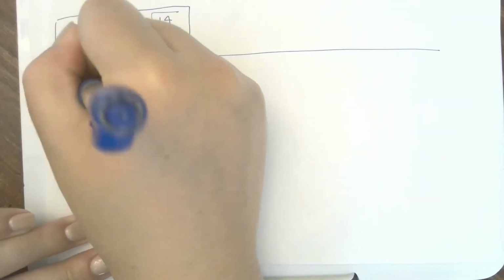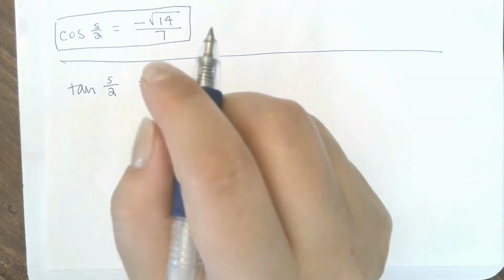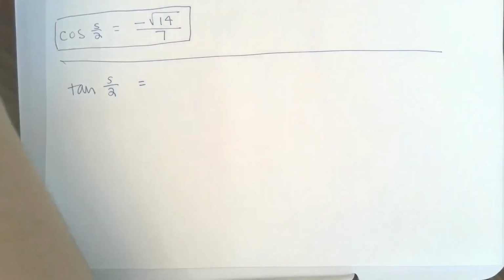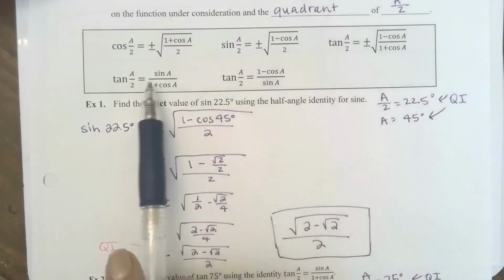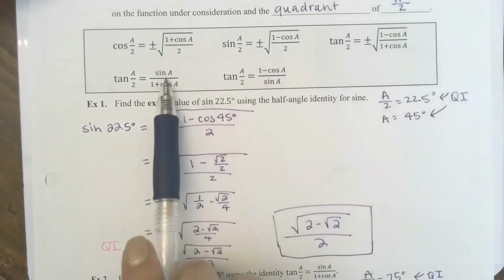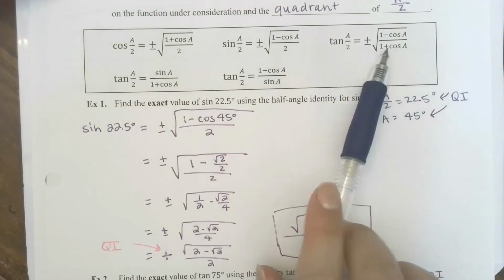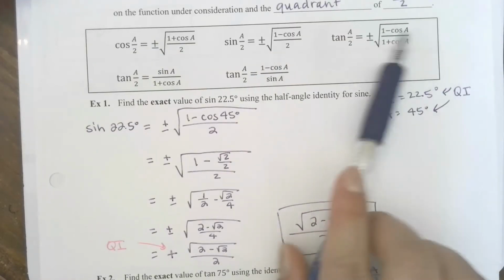Alright, and then tangent. So we want to find tangent of s over 2. You can use the formulas that were given for half angle identities. We don't know what sine A is. We do know what cosine s is in this case, because that's what we were given, so you could use this formula.